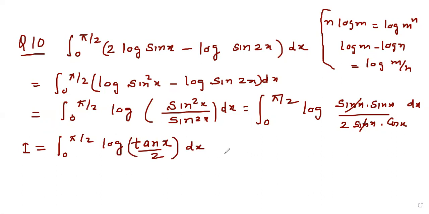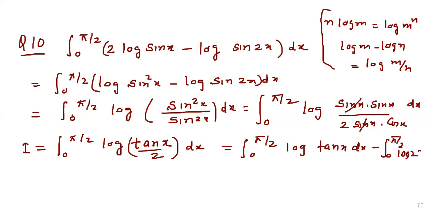Now we write it further: integral 0 to pi by 2, and this will become log tan x dx minus integral 0 to pi by 2, and here log m upon n is log m minus n log 2 dx.